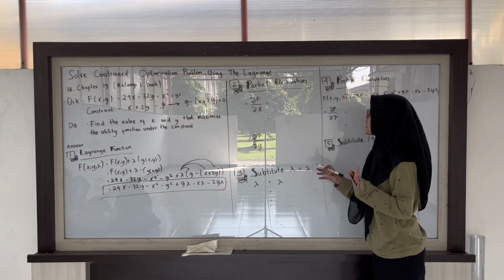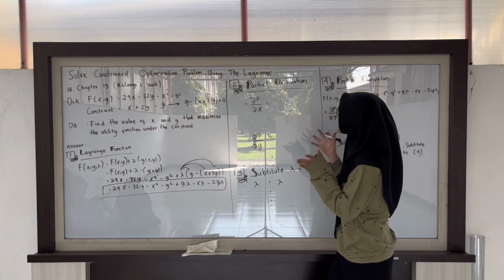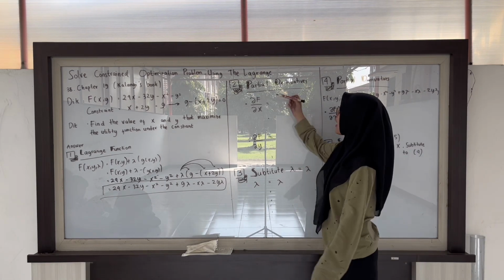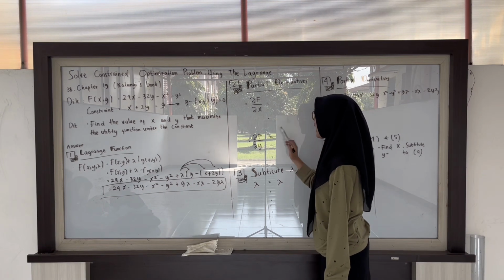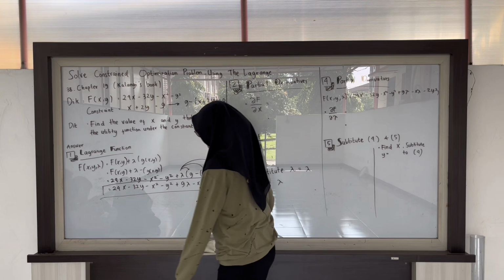And the second step is the partial derivatives of F with respect to x and with respect to y.